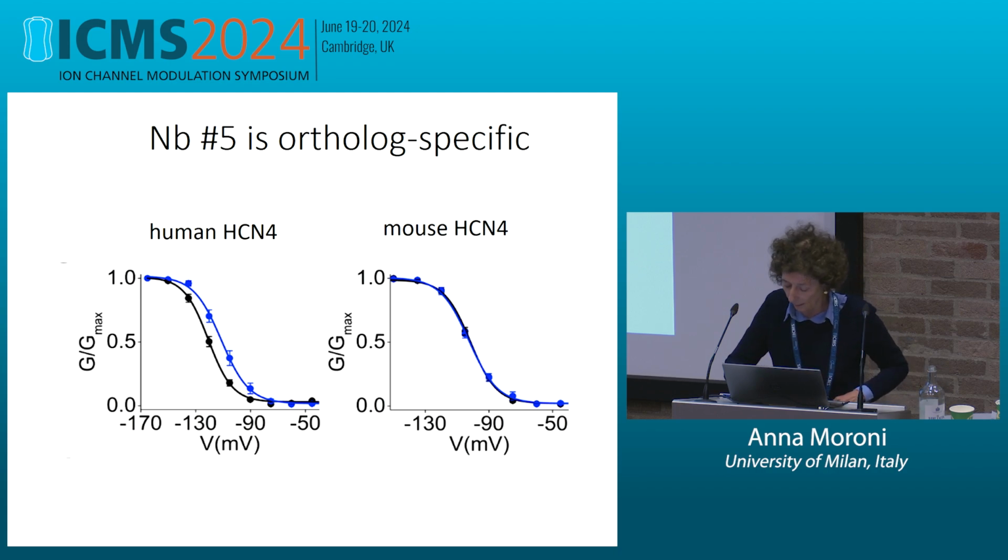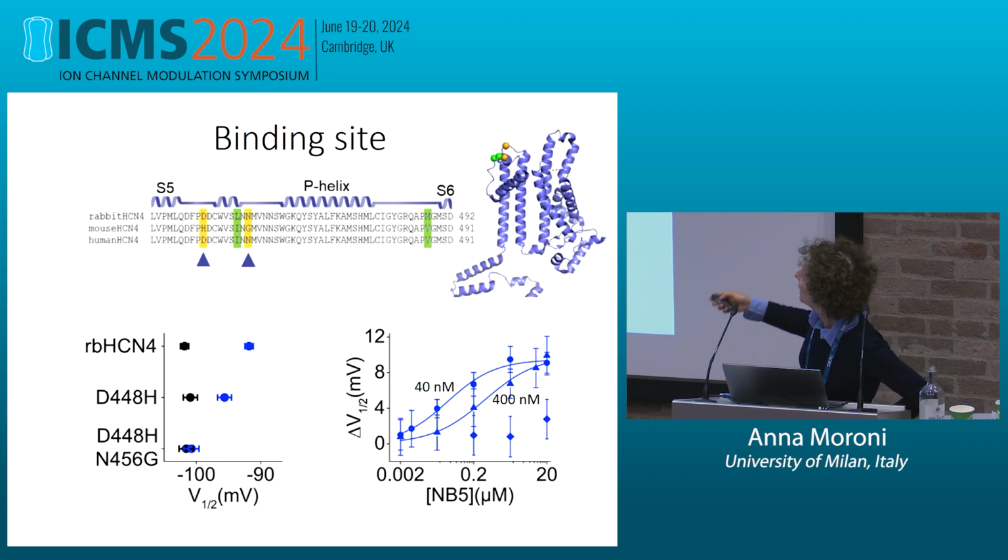So by going back to the sequence, we could restrict the region of interaction, where rabbit, mouse, and human diverge. And they diverge in particular in these loops, which are related to the turret, connecting S5 to S6 or S5 to the P helix. And we restricted to 2 amino acids because these are the only 2 in which human and rabbit are identical, and only mouse diverges from them.